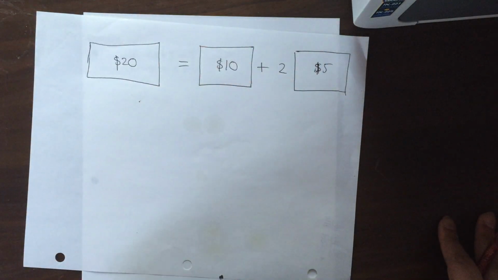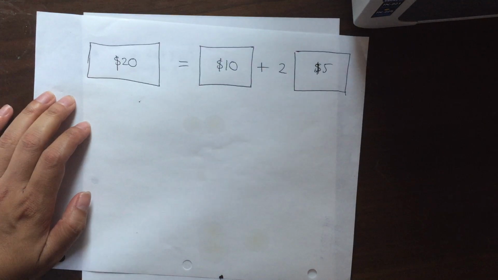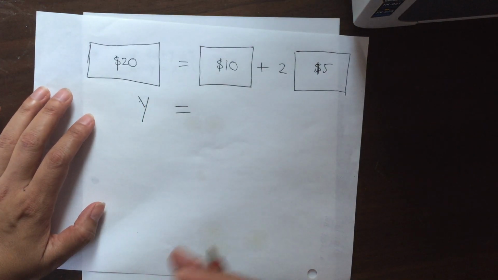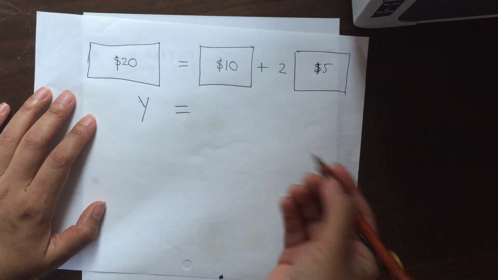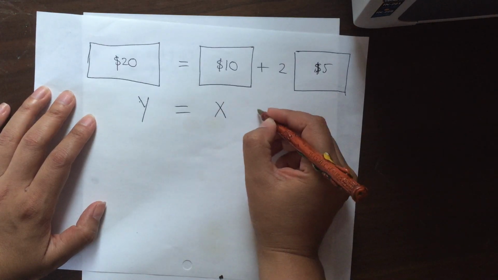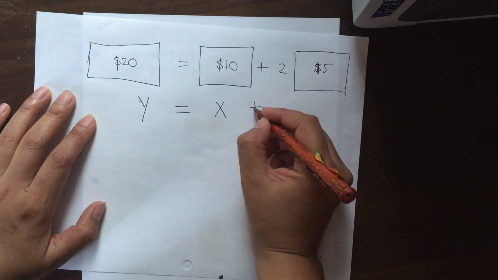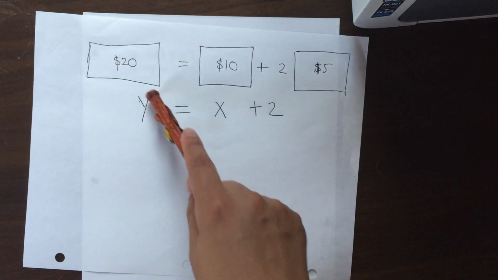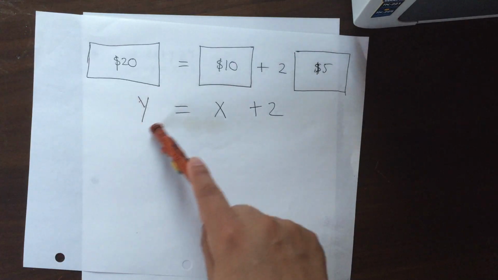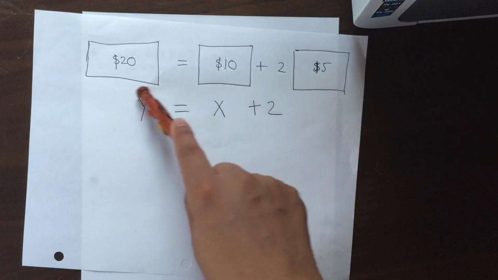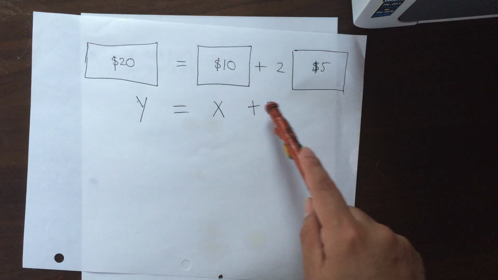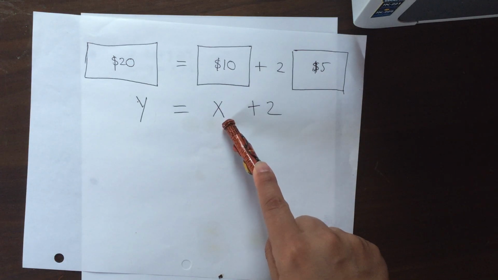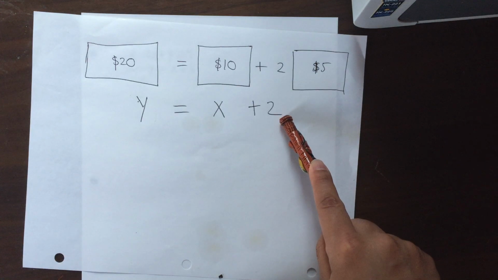the same amount, right? So when I say that I have y equals, let's say, x plus 2, just an expression, this means that this y alone is the same as putting together a number, which is x, and we don't know what that number is, plus 2, okay?